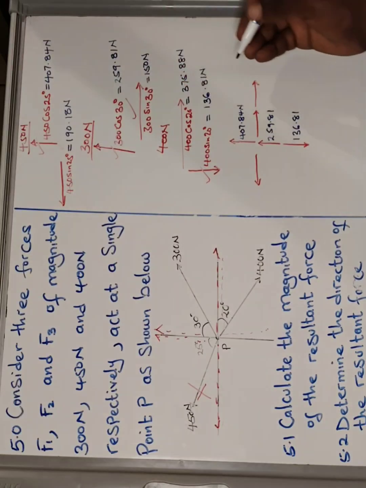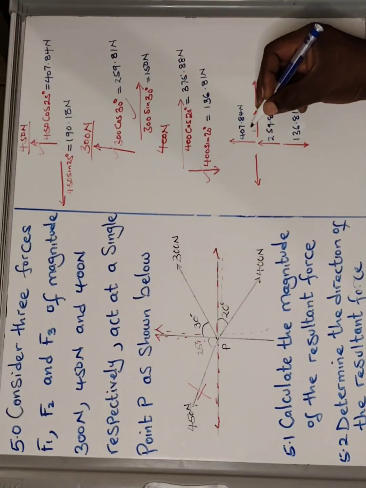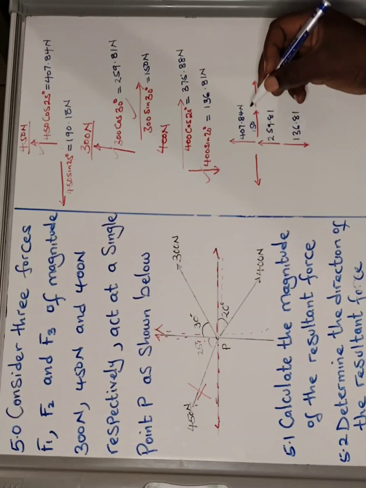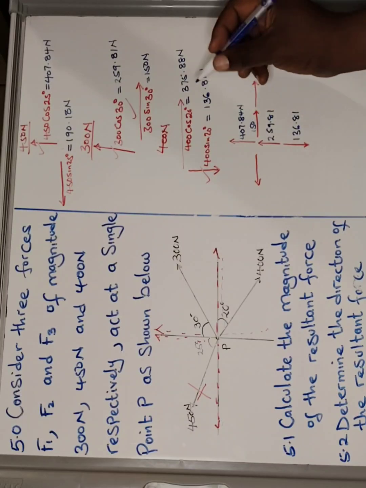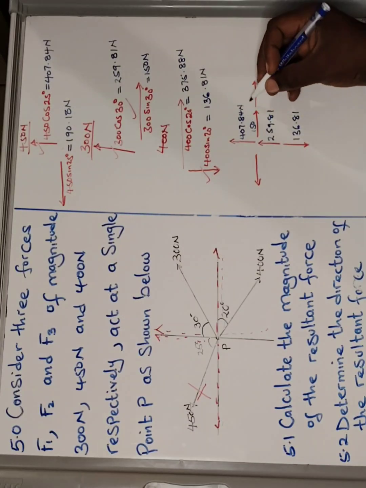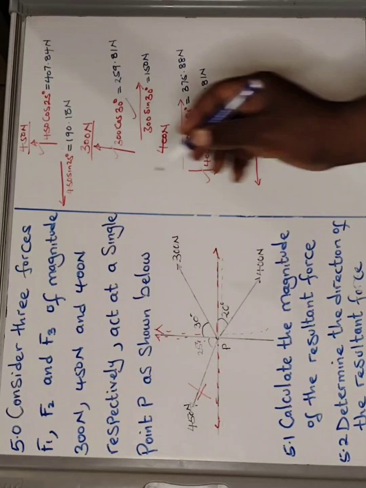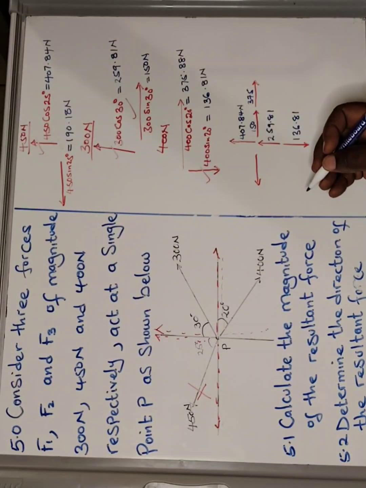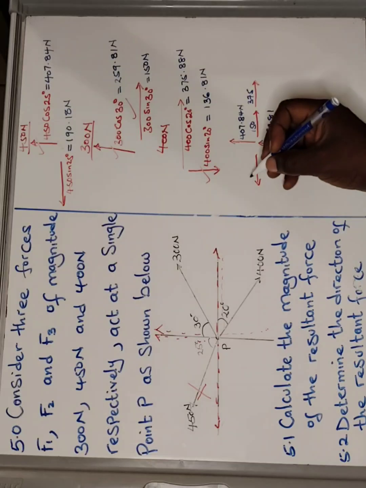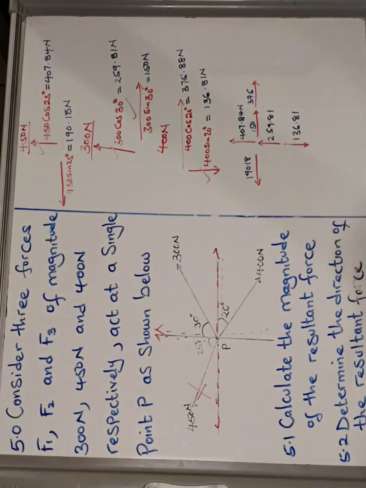Then that one, it is 150. And this one, it is 375. And that one, it is 190.18. So this is what we have.